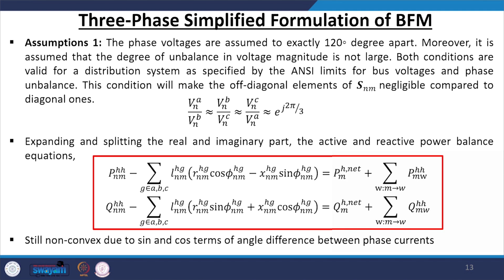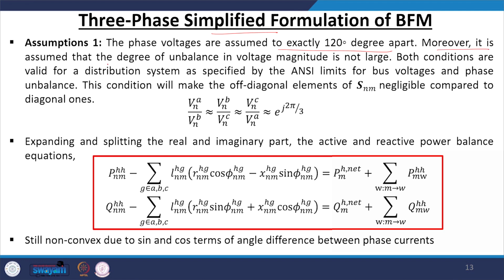So, for doing that, we simplify this branch flow model. For the simplification, we will take certain assumptions. What is the first assumption? The first assumption is that the phase voltages are assumed to be exactly 120 degrees apart. That means there is no voltage angle unbalancing in the network. They are exactly balanced as far as the voltage angle is concerned.